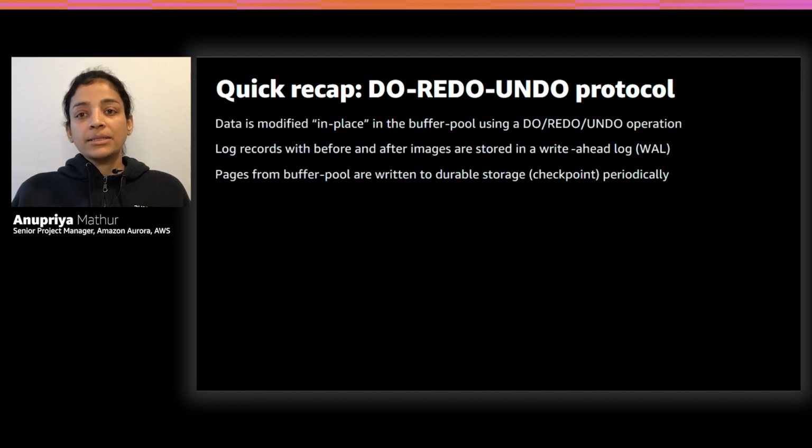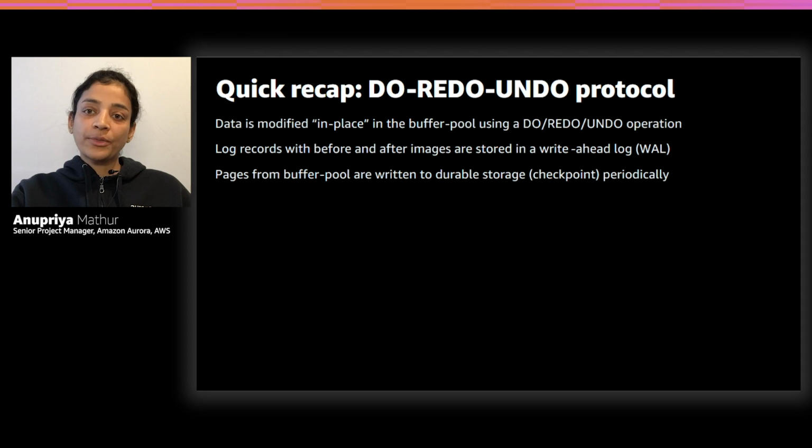And then databases use the standard do, redo, undo protocol to persist these changes. A do operation is when you take an action, like for example, if you're committing an order, then that's a do operation.